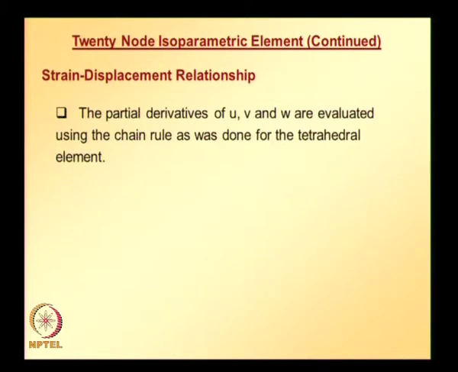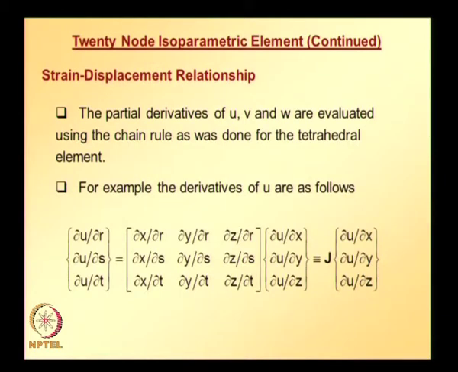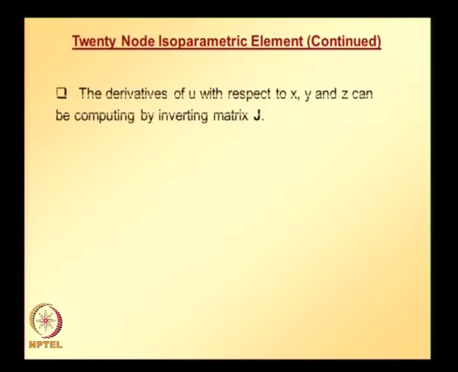So, in the strain displacement relationship, partial derivatives of u, v, w are evaluated using chain rule as was done for tetrahedral or hexahedral element, and these equations are similar to that we have seen for other elements earlier, except that some of the dimensions may be different, where J is Jacobian matrix and the inverse relation is given by this.